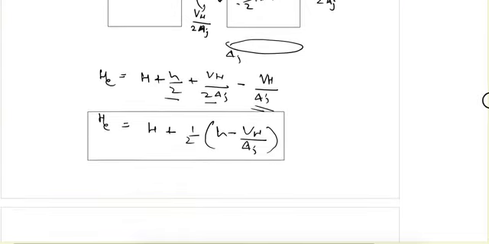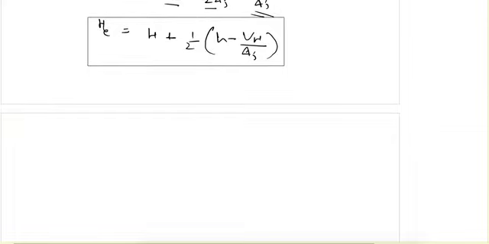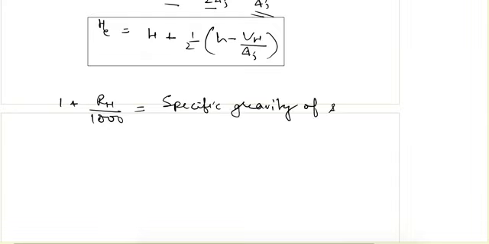After that, a relationship is established between the hydrometer reading, let's say RH, and it is generally given as 1 plus RH by 1000 is equal to the specific gravity of soil suspension at He.